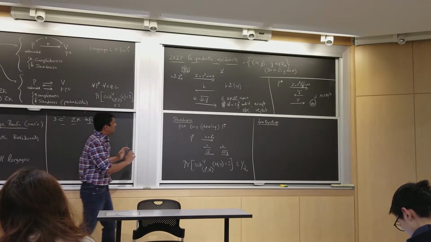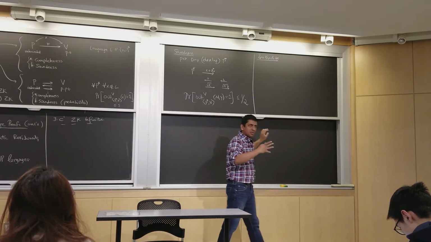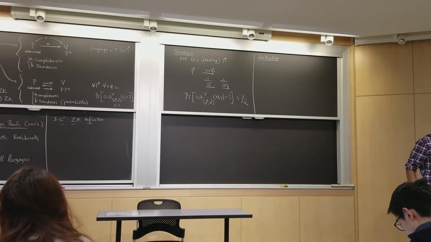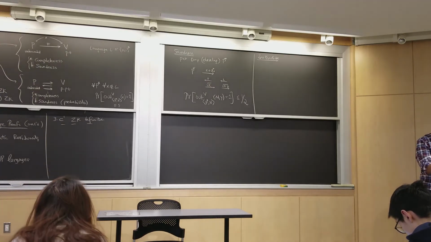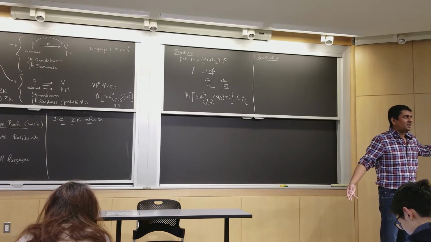Let's do a sidebar for a minute, just so we are on the same page. What if the view of the verifier is defined to be just the messages that the verifier sees in the course of the interaction? Forget the coins. Who cares about the coins anyway? Just the messages.